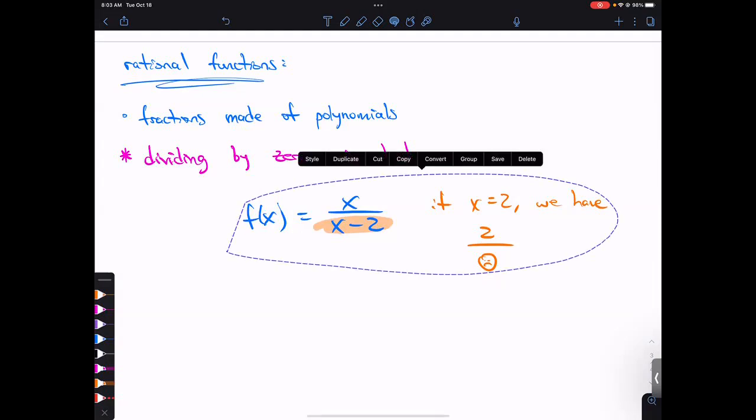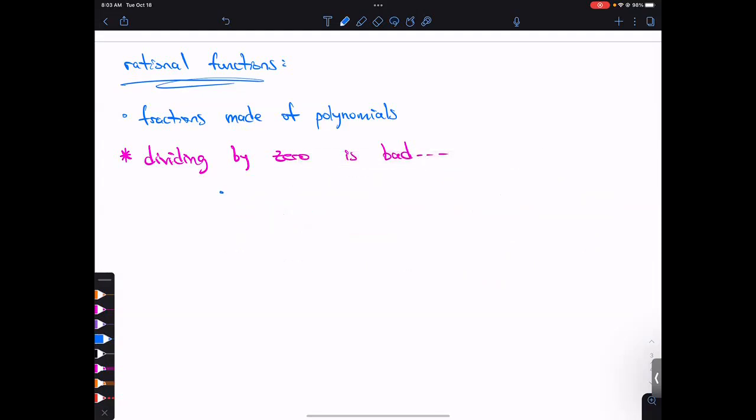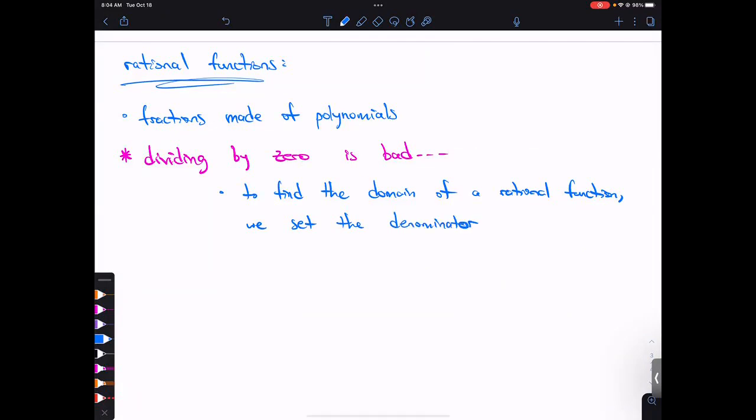So to find the domain of a rational function, we set the denominator equal to 0 and solve. And what you find then is points like that, like 2 and the one we just talked about, that you have to avoid or that are not in the domain of the function.